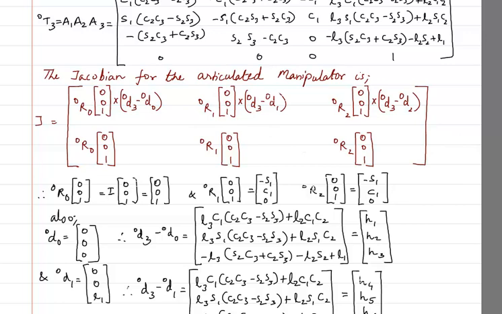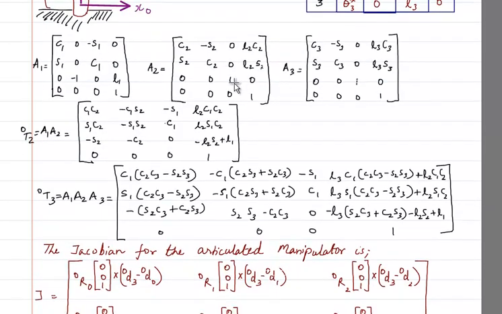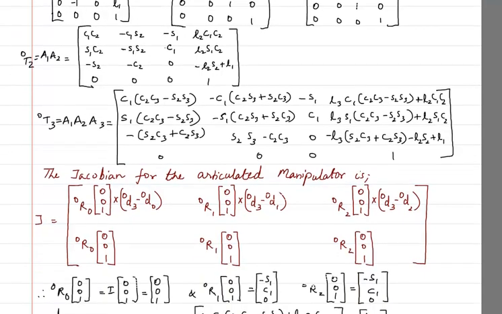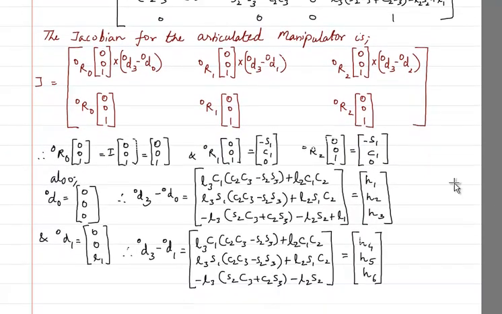For 0R1 I have to look at 0T1. So 0T1 is this matrix. This 3 by 3 matrix that I have here will be our 0R1. Once I take that and multiply it with 001, I have to take the third column of that.